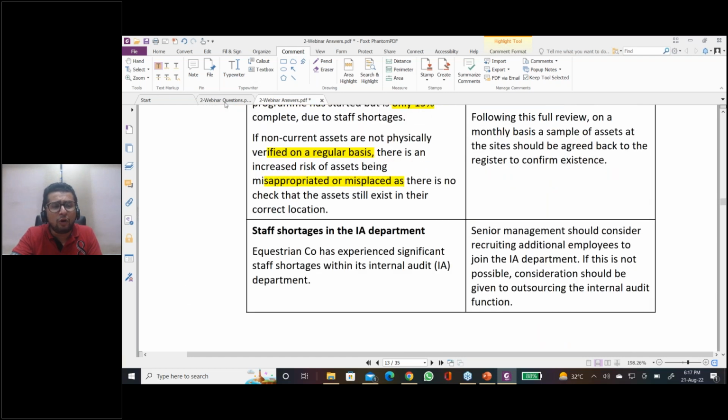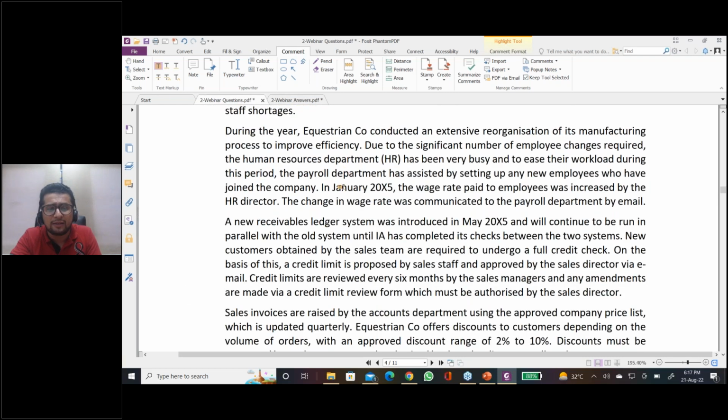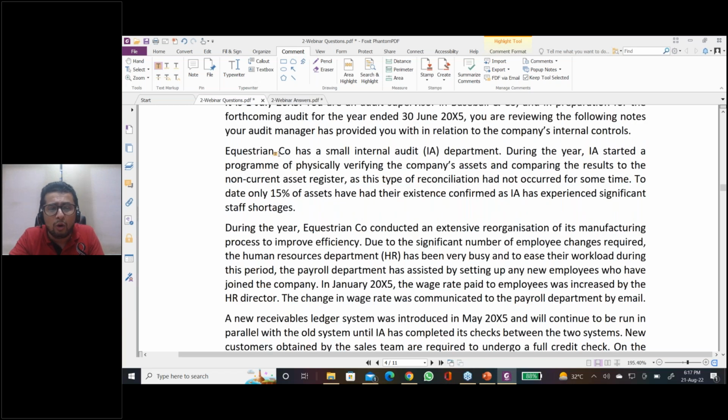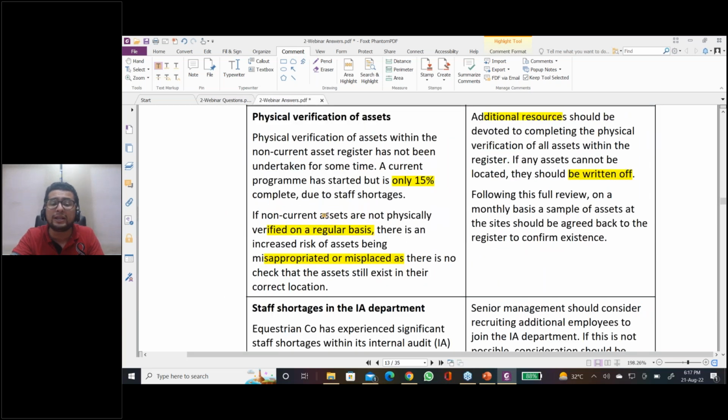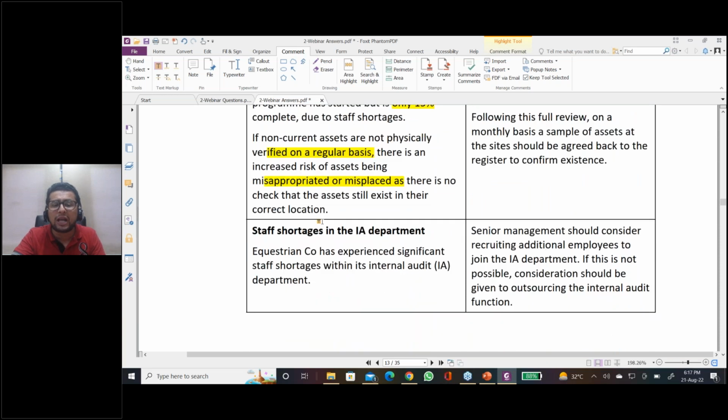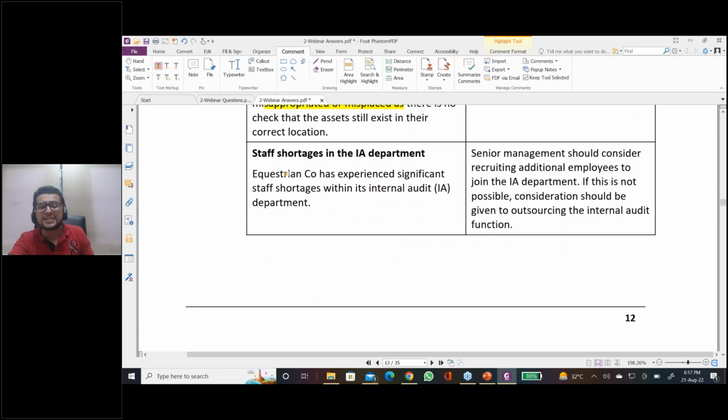Now, before we move on to the next line, one more deficiency. Overall, the internal audit department is under resourced, right? An internal audit department is an important control within an organization. So you could come up with another deficiency, that the company has experienced significant staff shortage within the internal audit department.